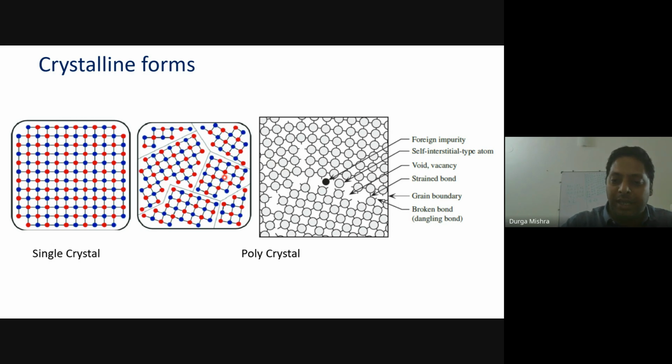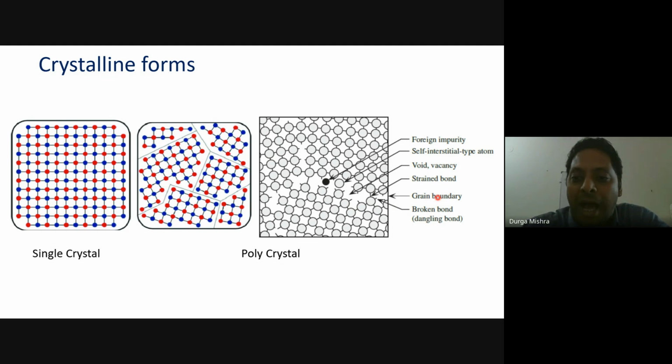So let's look at this grain boundary in more detail. The interesting part about the grain boundary is that it is a highly energetic region within the crystal, because there are incomplete bonds, there will be broken bonds. So the energy compared to within the crystal will be much higher in the grain boundary.